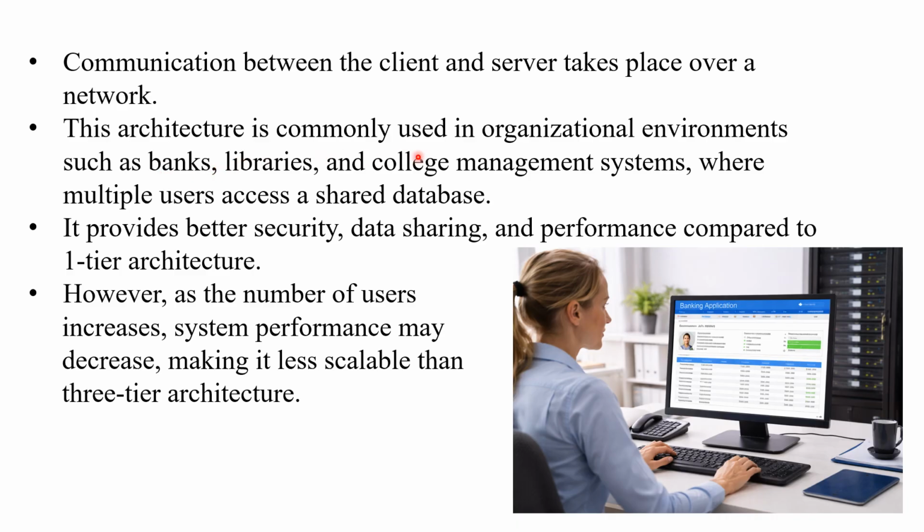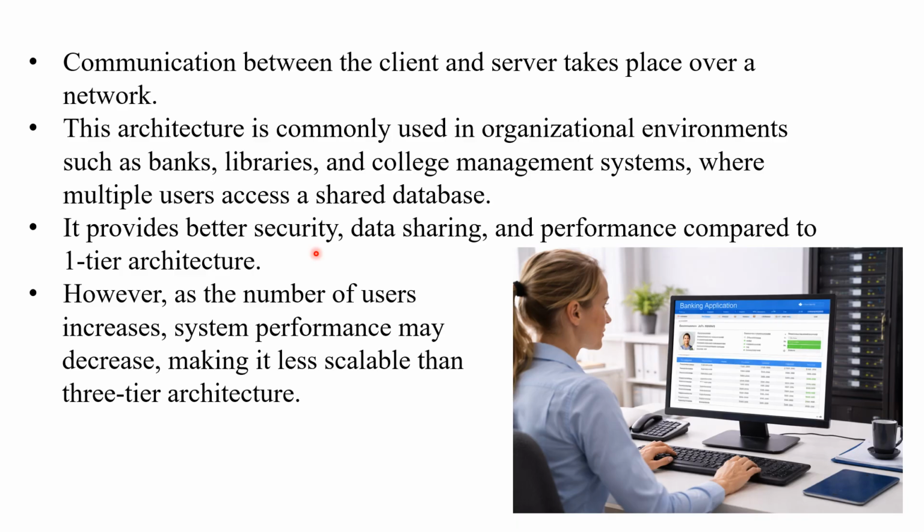So this architecture is commonly used in organizational environments such as banks, libraries, and college management systems where multiple users access a shared database. It provides better security, data sharing, and performance when compared to the one-tier architecture. Because in one-tier architecture, if anything happens to the system, then both the database as well as the user application will crash.